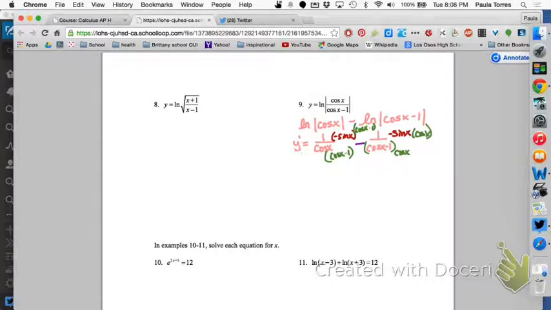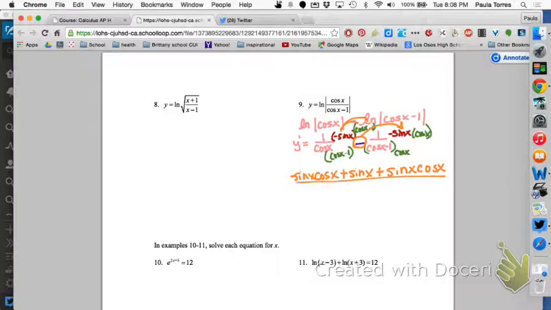And so when I distribute here, I'll have negative sine x cosine x plus sine x, distributing this negative at the same time over here. So I'm going to have plus sine x cosine x. Oh, I see some magic that's going to happen.